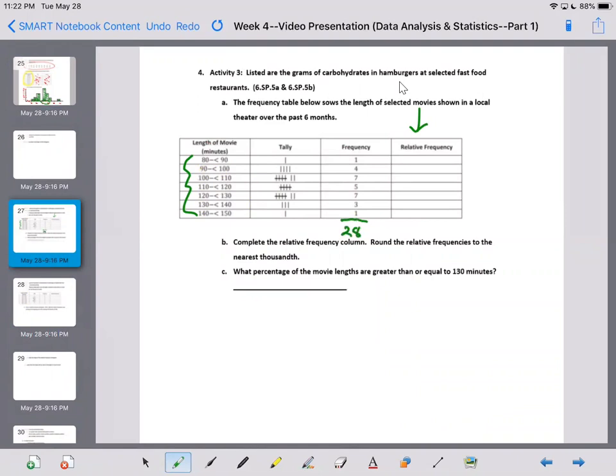So that means that every number will be divided by 28. So 1 divided by 28. And so you're going to get 35 thousandths. So these are your decimal values that you would see.